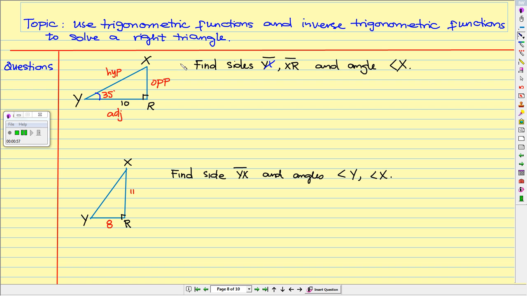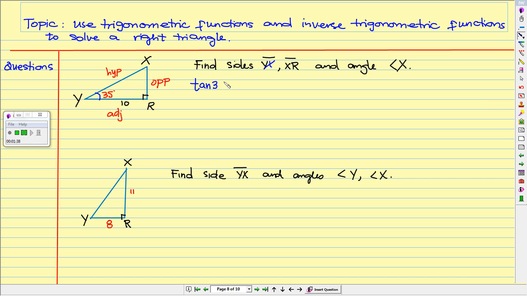First, we are going to use what we know, which is the acute angle Y, 35 degrees, and the side adjacent to the angle Y, which is 10 units, so we can use this to find the opposite. So we're using the tangent function.